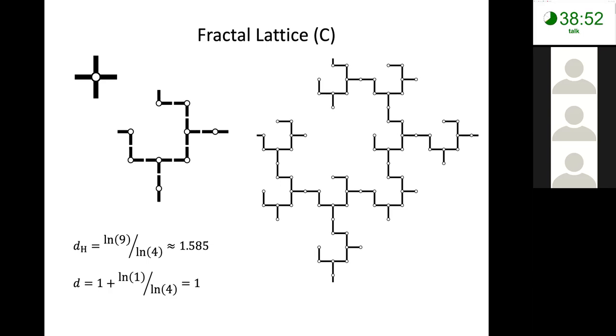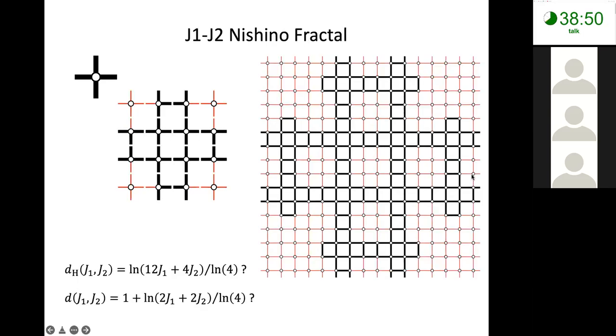All right, so let us now jump straight into the J1, J2 fractals. We simply introduce another type of coupling. Apart from these thick black bonds, which represent the J1 couplings, we also have couplings which were previously missing on the square lattice frame.